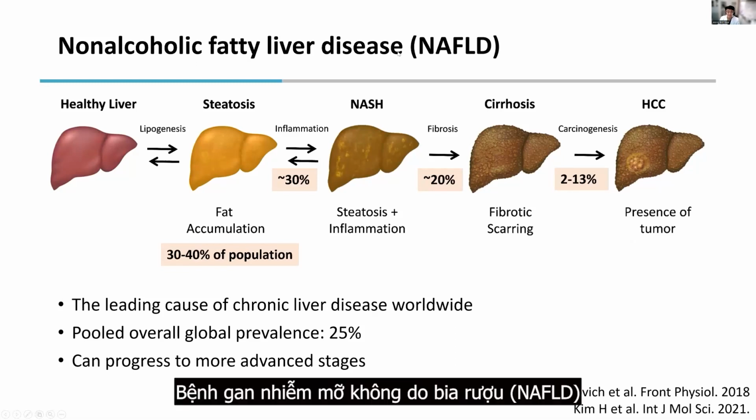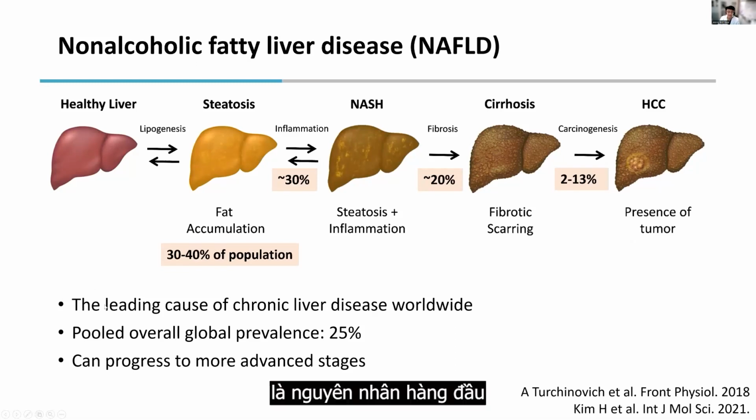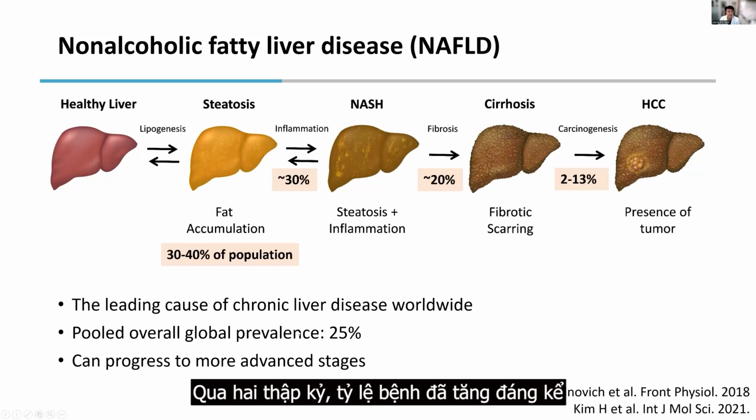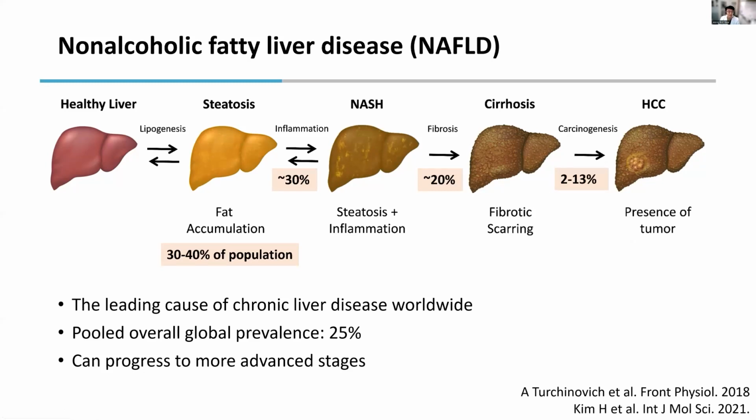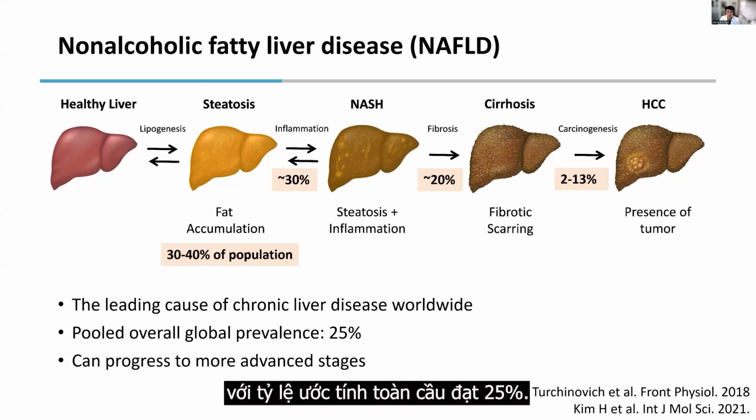Non-alcoholic fatty liver disease, NAFLD, is the leading cause of chronic liver disease worldwide. Over the last 2 decades, its prevalence has increased considerably with an estimated overall global prevalence of 25%. NAFLD represents a spectrum of disease with the majority at one end with only isolated hepatic steatosis.